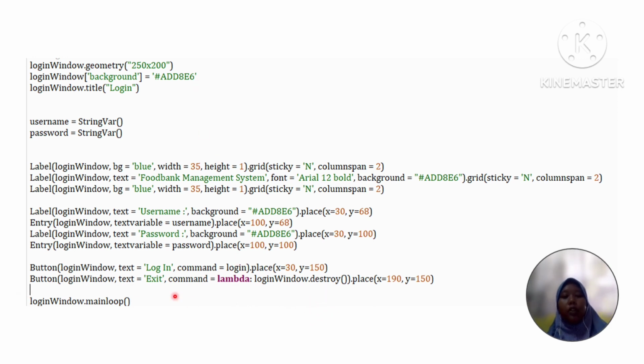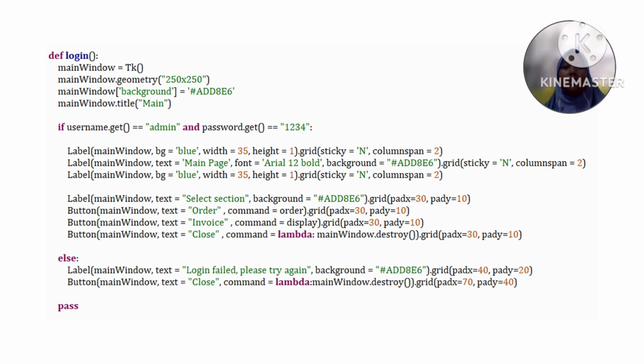And then we put in login window dot main loop so that the frame will still persist when the code runs. So this is the function login. In the function login, we declare inside the function another window, which is the main window. And the main window has a background and it's titled main with the geometry of 250 by 250.